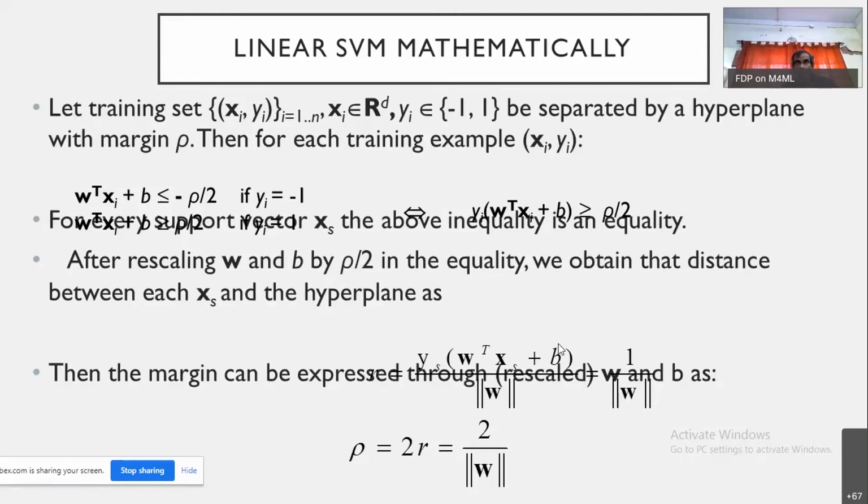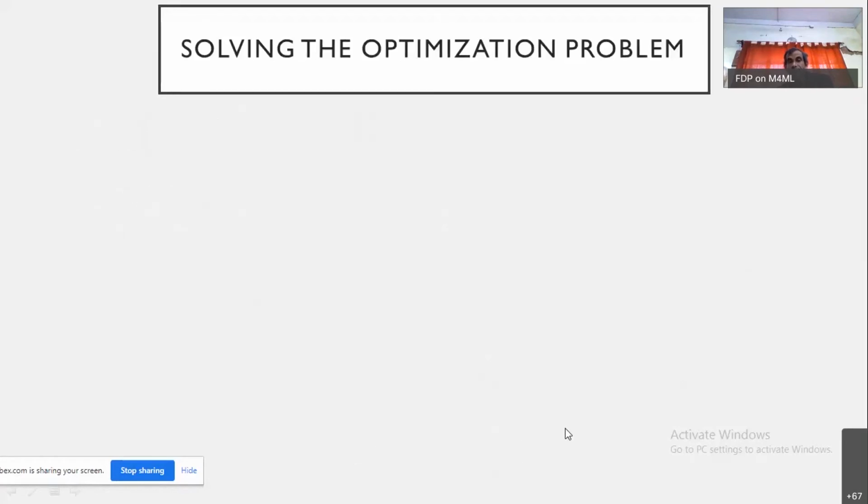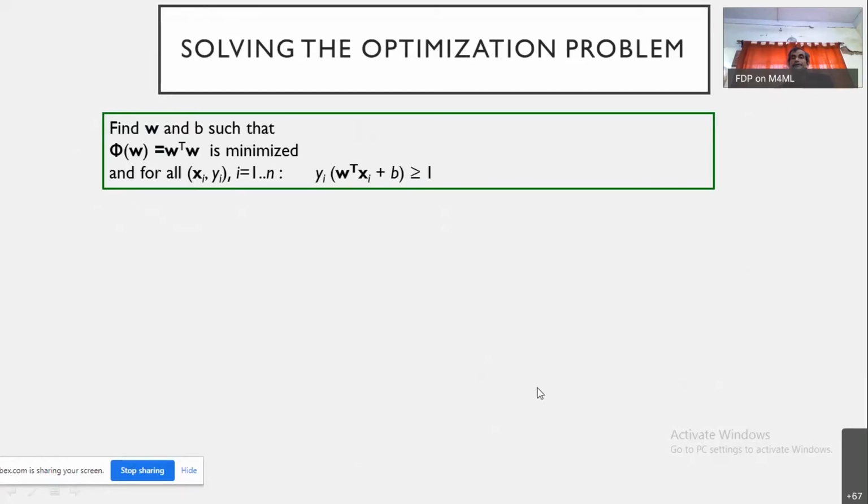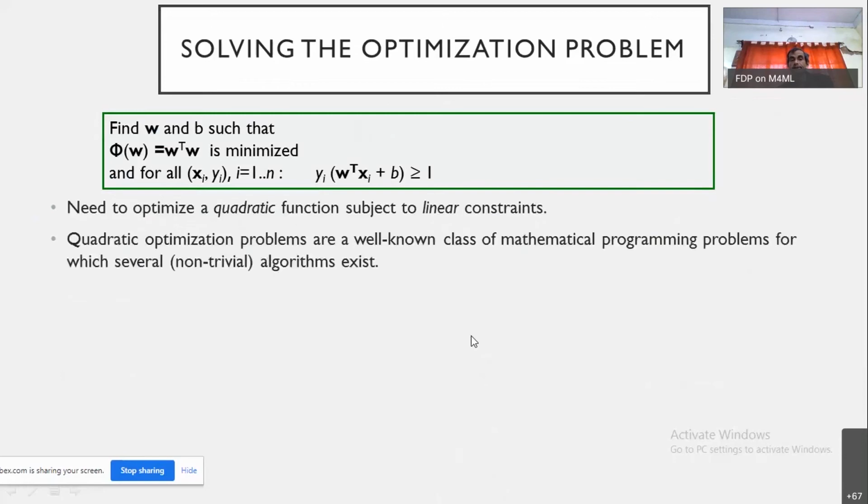So the margin or the distance between these two parallel lines is rho, and that's equal to twice the perpendicular distance, which is 2 by mod of w. So basically, we will have to maximize this under certain constraints. This is the problem of support vector machine: maximize this margin under certain constraints.